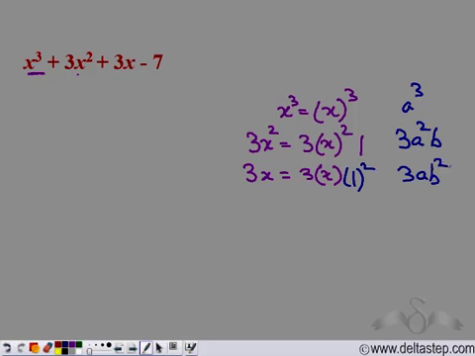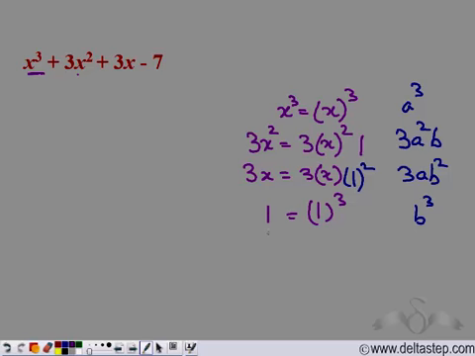So we have a cube, 3a square b, 3ab square. We require a b cube term. We have taken b to be 1. So we require 1 cube.